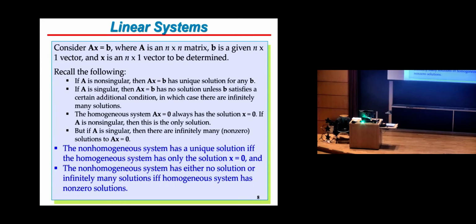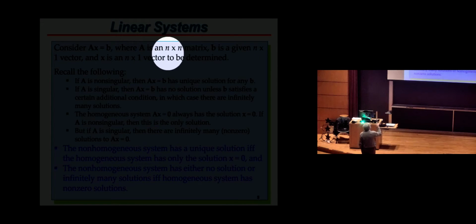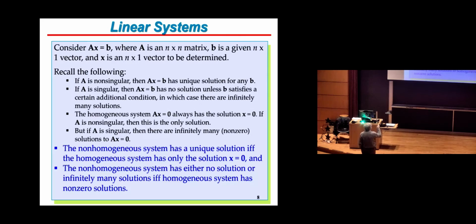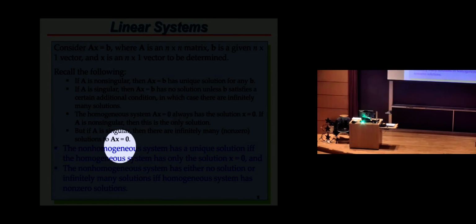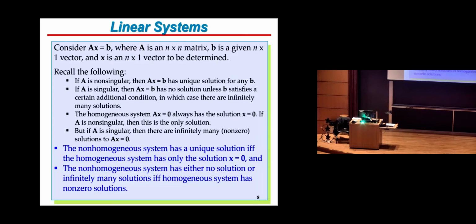When you solve the homogeneous problem, if A is an invertible matrix, and I'm taking a square matrix here, so A is n by n, then the only solution to AX equals 0 is X equal to 0, right? Now, if A is a singular matrix, there are infinite solutions to AX equals 0. We spent lectures on that topic.